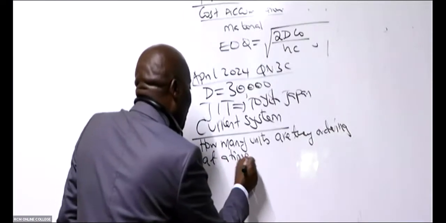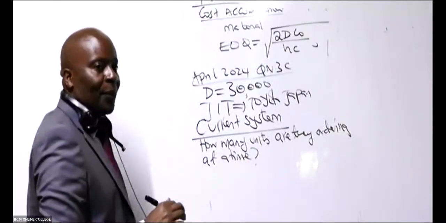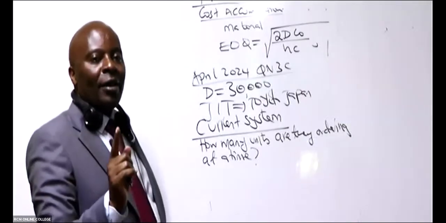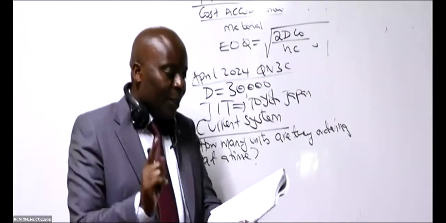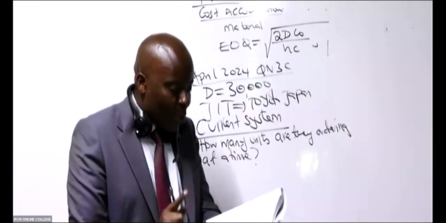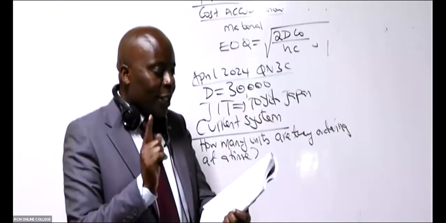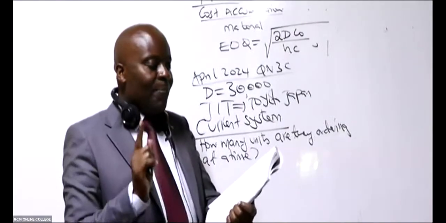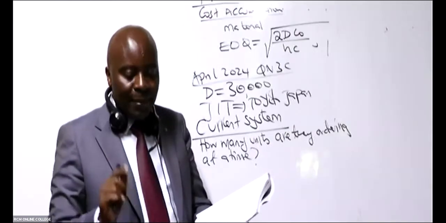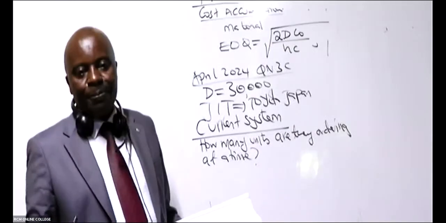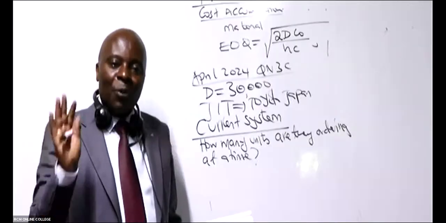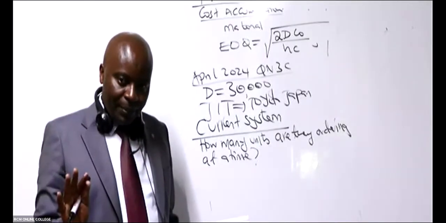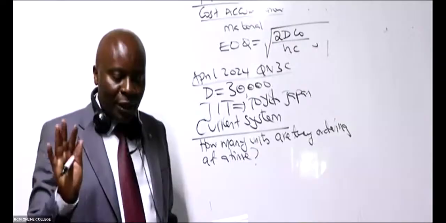This is really important for us. For example, for the proposed system, if you read note number 3, they have told us that every time they order, they place an order over how many units at a time? 4,000. That is the proposed system.